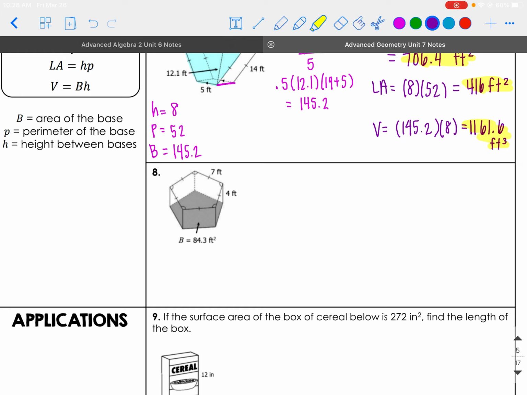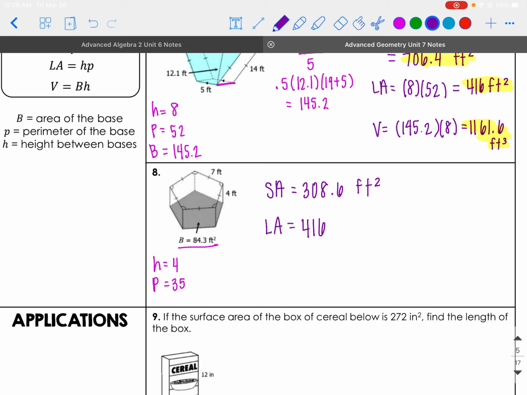All right, pause the video, try number 8. It already gives you the area of the base. You don't have to find that. All right, you should have written down 4 for your height, 35 for your perimeter, and then it gives you the B. So surface area is 308.6 feet squared.